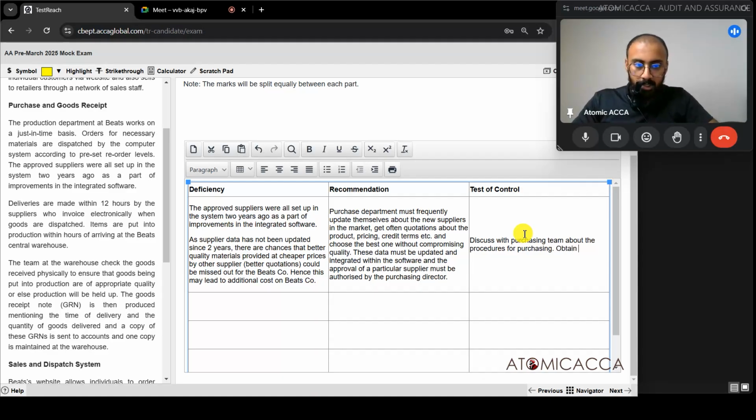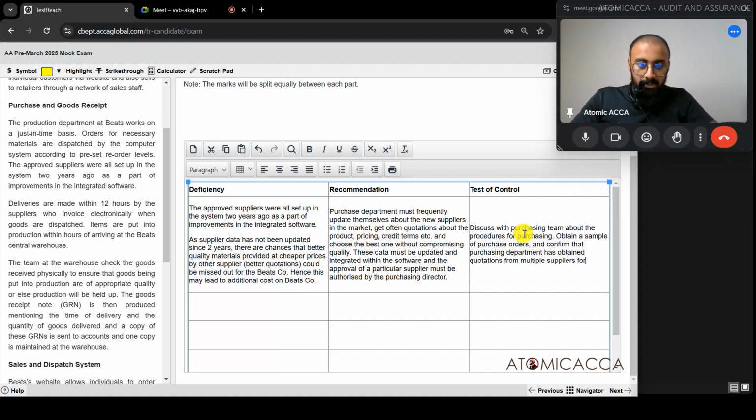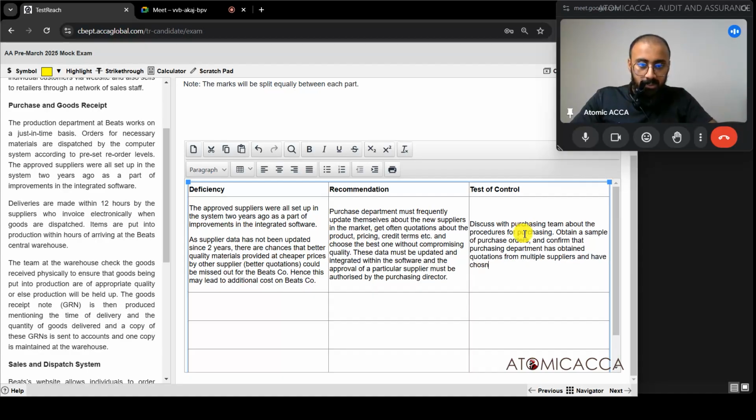Then obtain a sample of purchase orders that client made, and confirm that purchasing department has obtained quotations from multiple suppliers and have chosen the best one out of it.